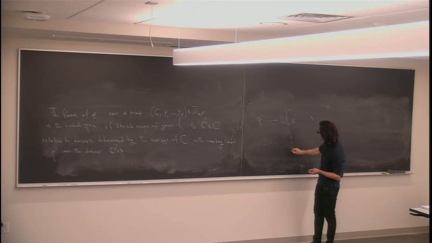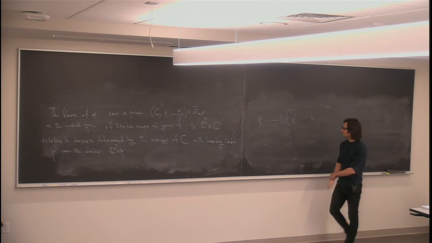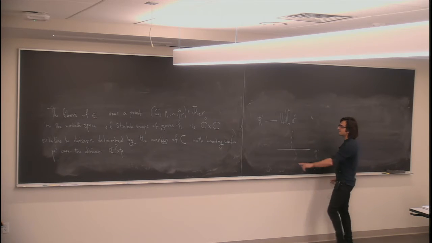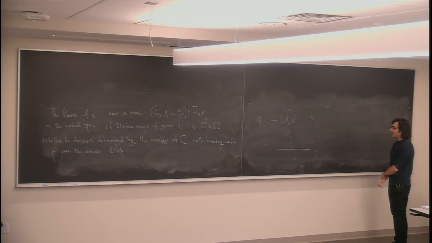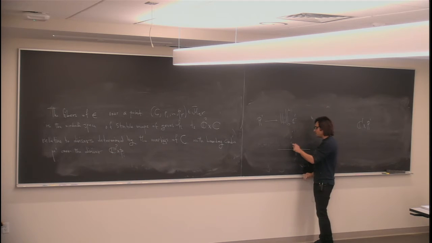So if you have some finite cover of P1, in some sense the image of P1 inside here can be realized as some n-to-1 cover of P1. Then the correspondence with the C2 times P1 Gromov-Witten theory was that we have some cover of P1 and we need to distribute n points on this cover.